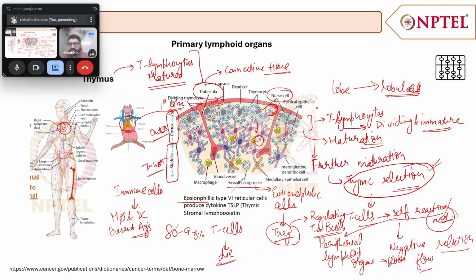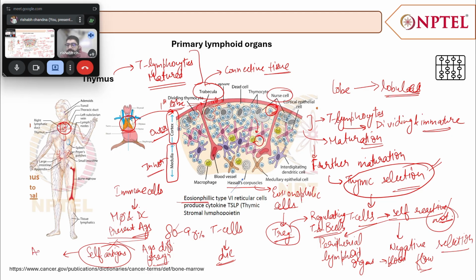These antigens can be either self antigens or antigens from different pathogens, that is, foreign antigens. Self antigens are basically antigens from our own body.